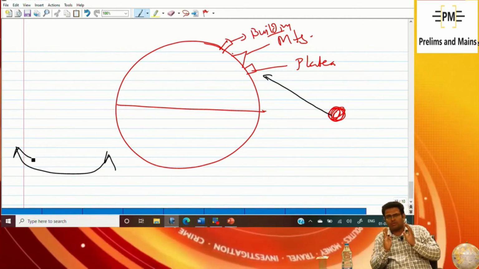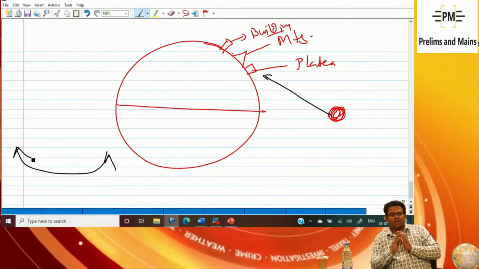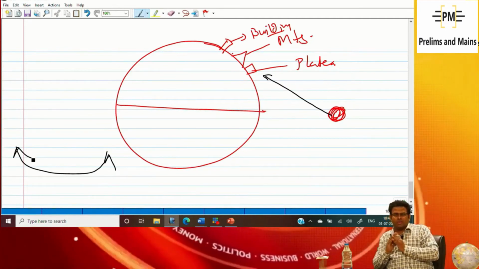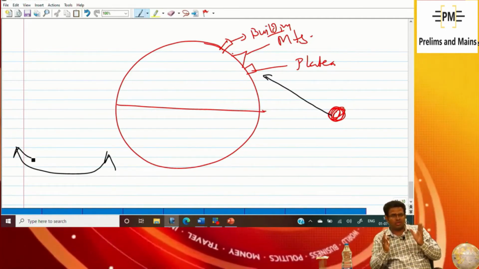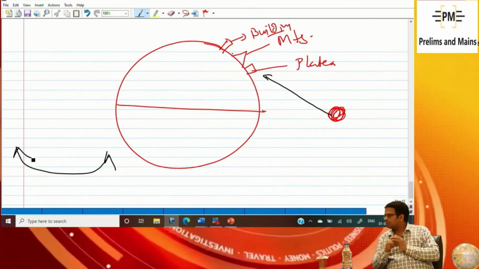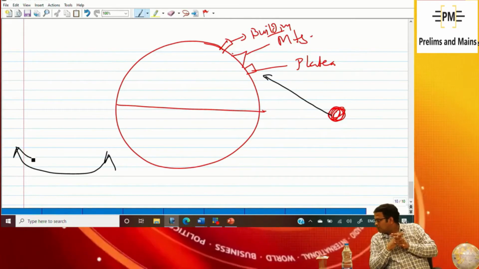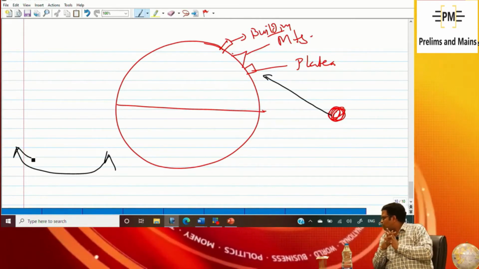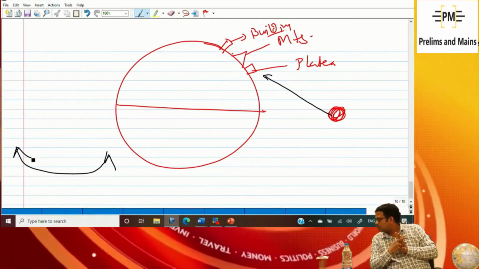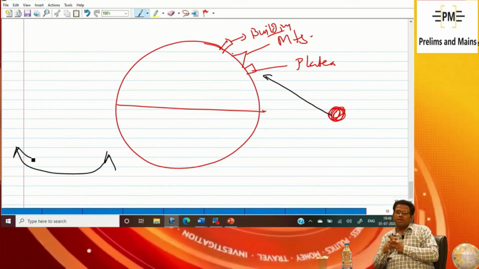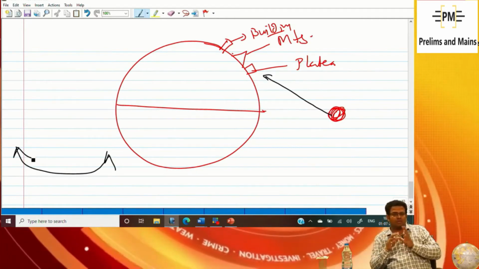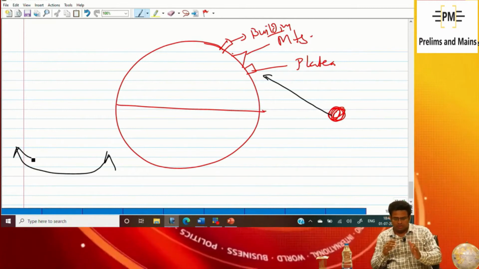Can mountains obstruct the signals from a geostationary earth satellite? Mountains, plateaus and all.